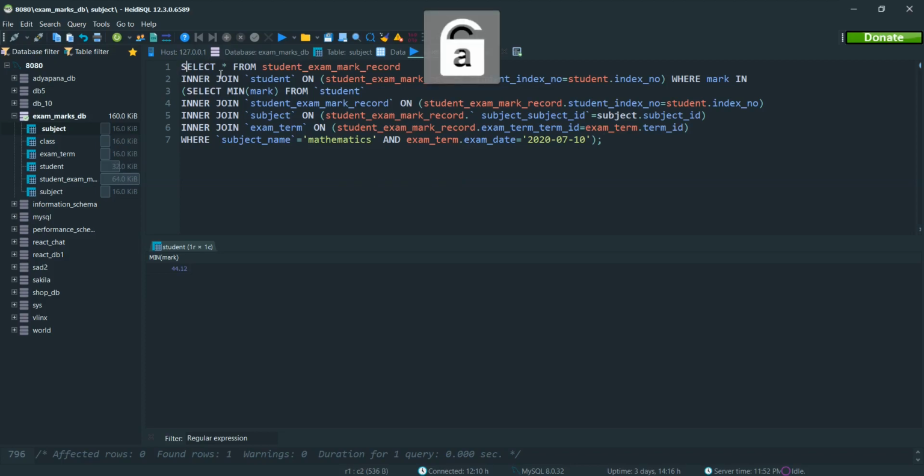We also have used 4 joins along with one subquery. Here I have used this subquery to combine this search query.